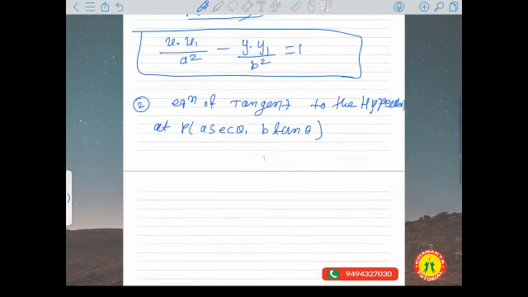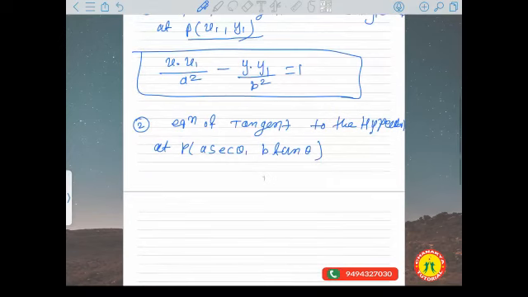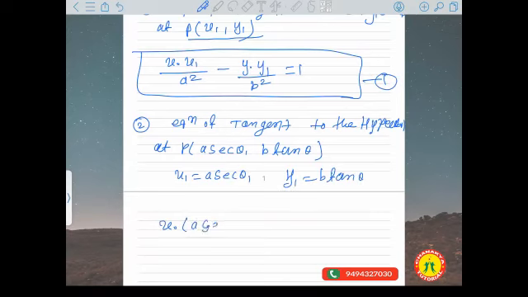So now it means x1 is equal to a sec theta, right? And y1 is equal to b tan theta. So put in from one, get the x into a sec theta a square minus y into b tan theta by b square equal to 1.